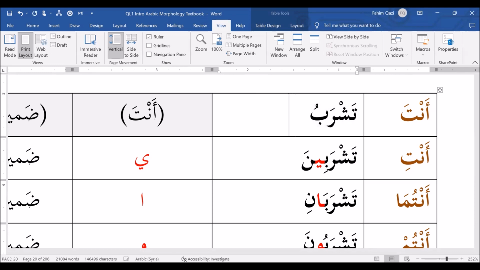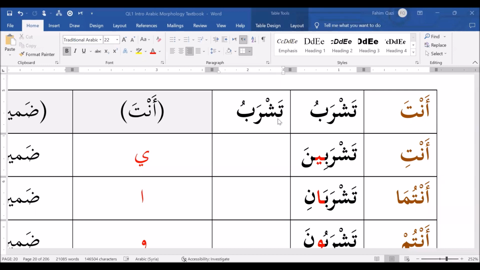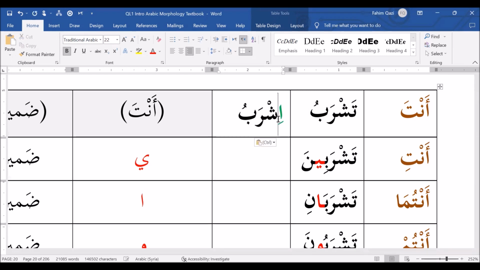I'm going to literally copy this and change the mudari. So this is mudari. To make the amr, you delete the ta of mudari, you put the green alif, and then you put the sukoon at the end. You get ishrab. So you notice how the sheen ra have a sukoon fatha. Same thing here. Sheen ra have a sukoon fatha. So that's exactly what that rule is saying when it says harakatul fa wal ain kal mudari.